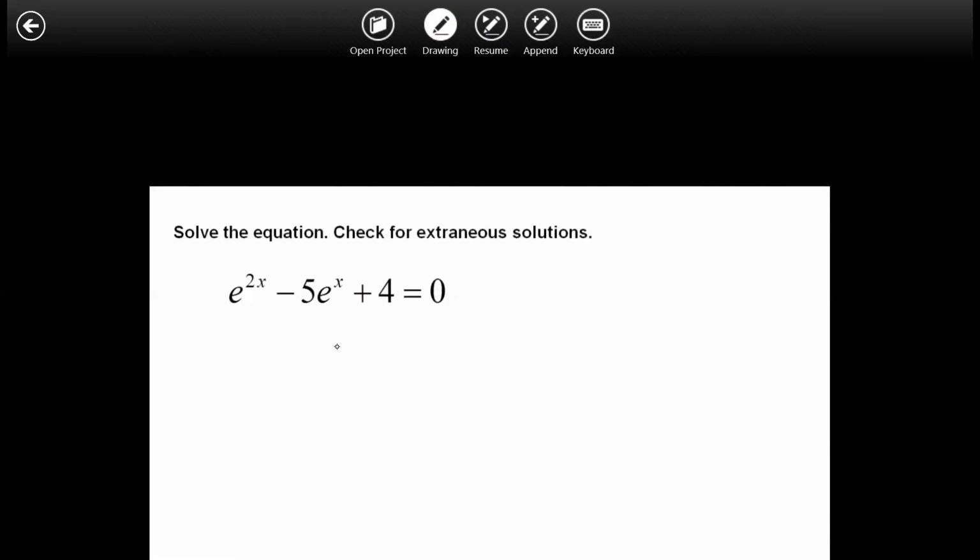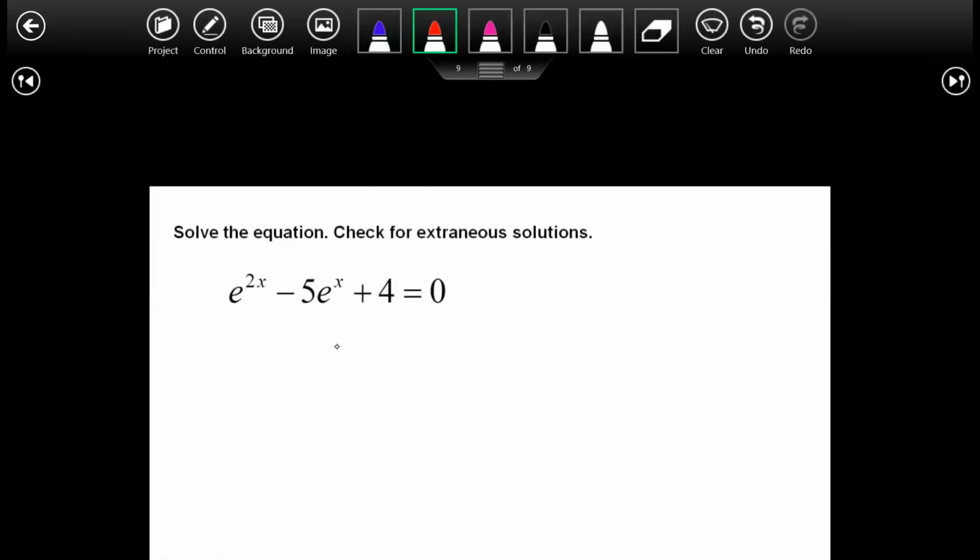Extraneous solutions we have to be able to find, meaning values that are not going to be there. I'm just going to ask you to write them both down. You don't need to really find them. This case looks so much like a factoring problem where it almost mimics x squared minus 5x plus 4. Very similar problems are done here using e to the x as our variable, if you want to think of it like that.